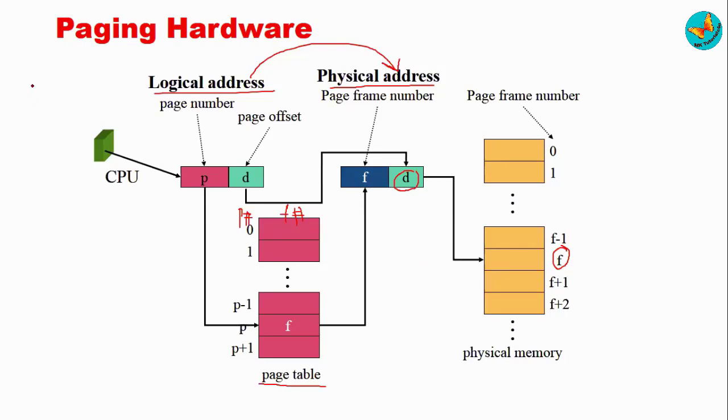So what is actually paging? Paging is nothing but a memory management technique. It allows the physical address space of a process to be non-contiguous. Suppose one part of the process could be located in one particular location of memory, and the second part of the process could be located in another part of the memory.